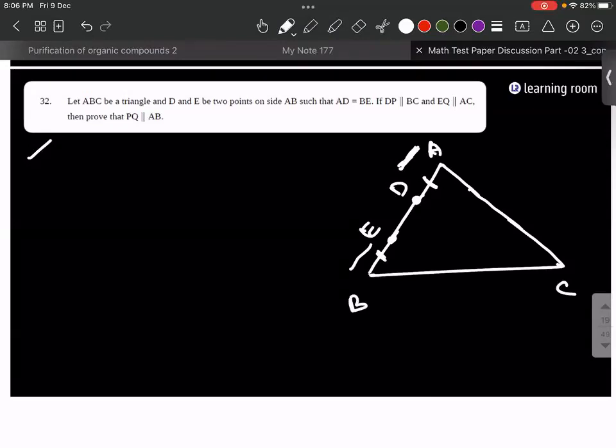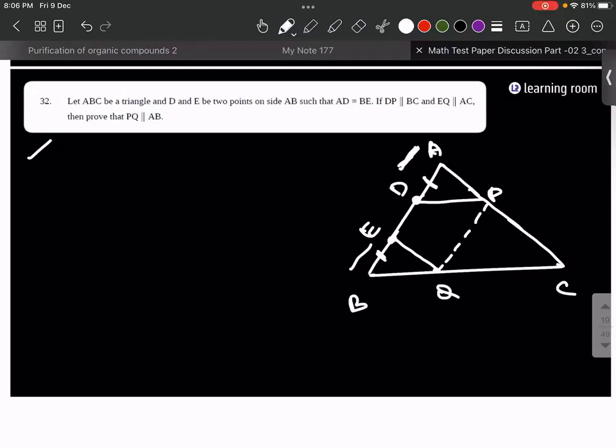DP is parallel to BC and EQ is parallel to AC. Then prove that PQ is parallel to AB. How do we proceed?